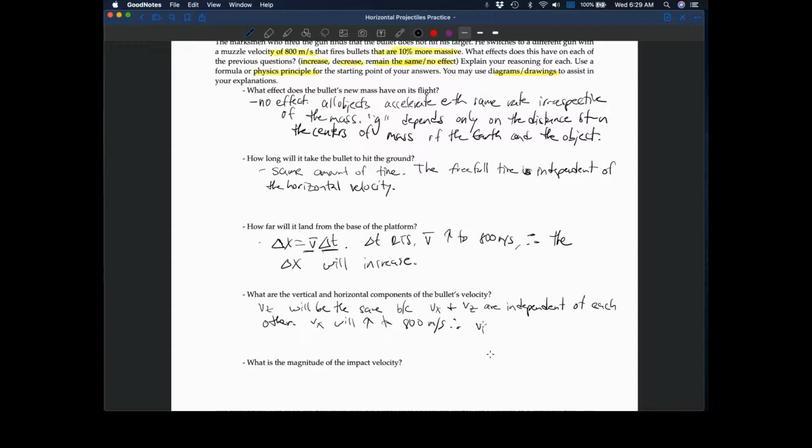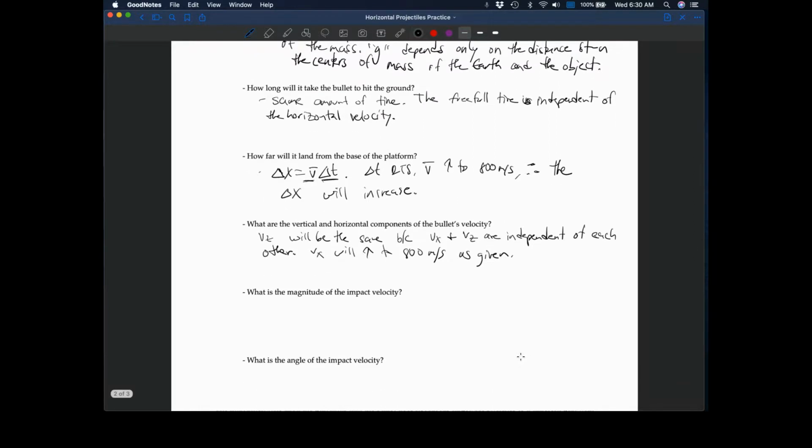Therefore, the impact, we basically explained that. Sorry, we're jumping on to the next one: impact velocity. What are the vertical and horizontal components of the bullet's velocity? We've answered that and justified it, and that's actually given. The 800 meters per second is given. The magnitude of the impact velocity will increase. And so we have Vz and Vx.